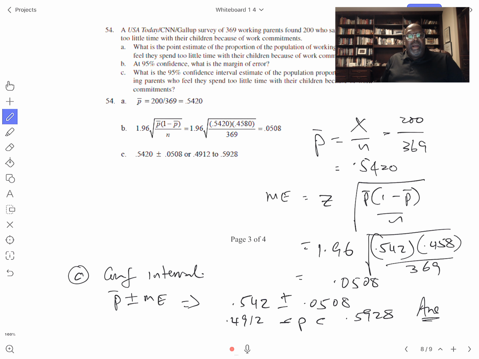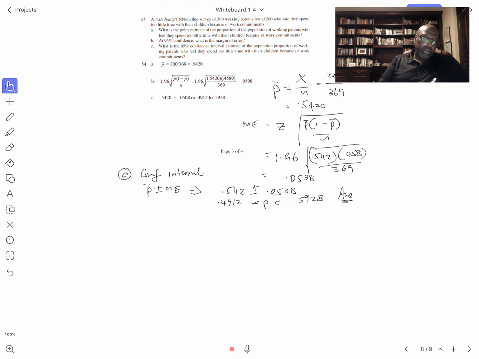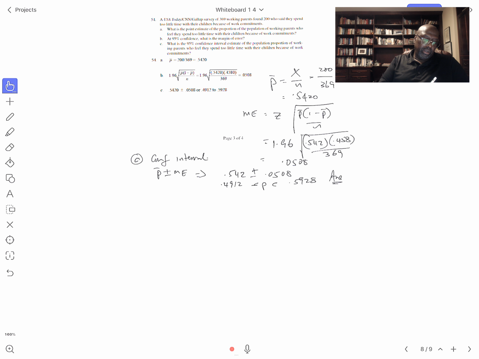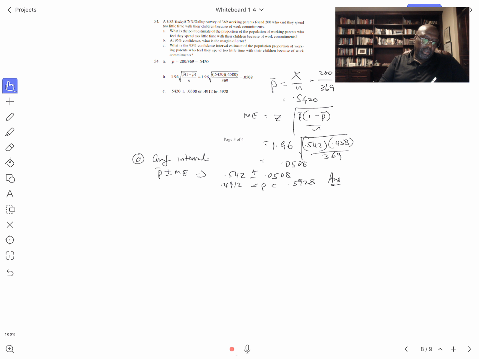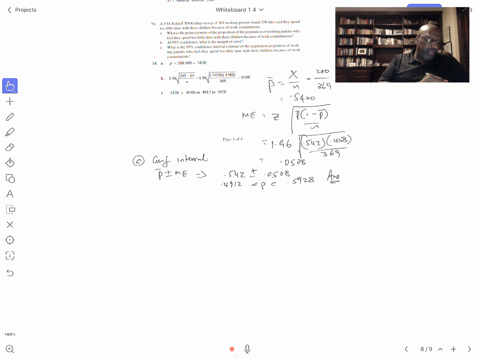All right, so notice that the margin of error was 5.08%. What if we want a margin of error of, say, 2%? What should our sample size be? So margin of error of 2%. So I'm going to add a D section to this.